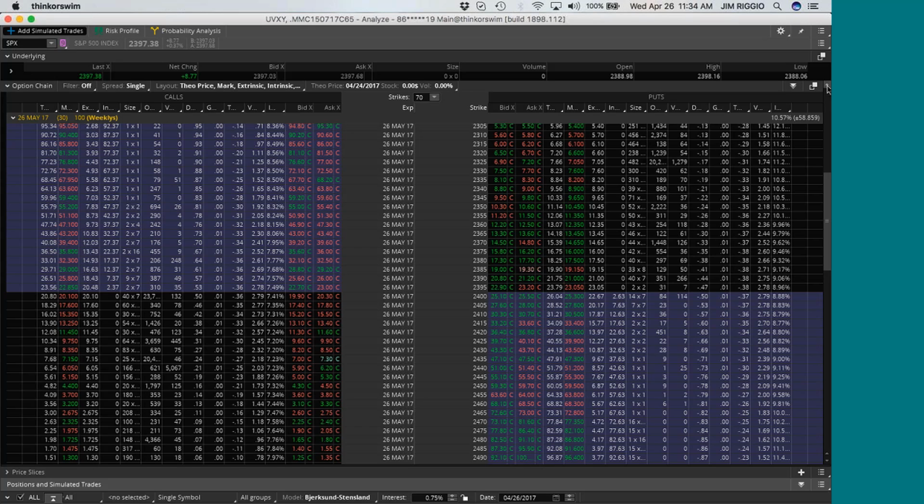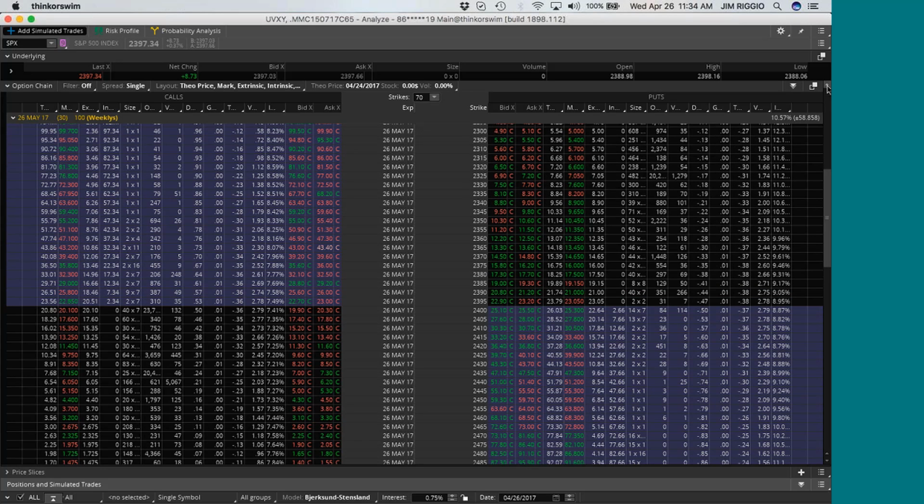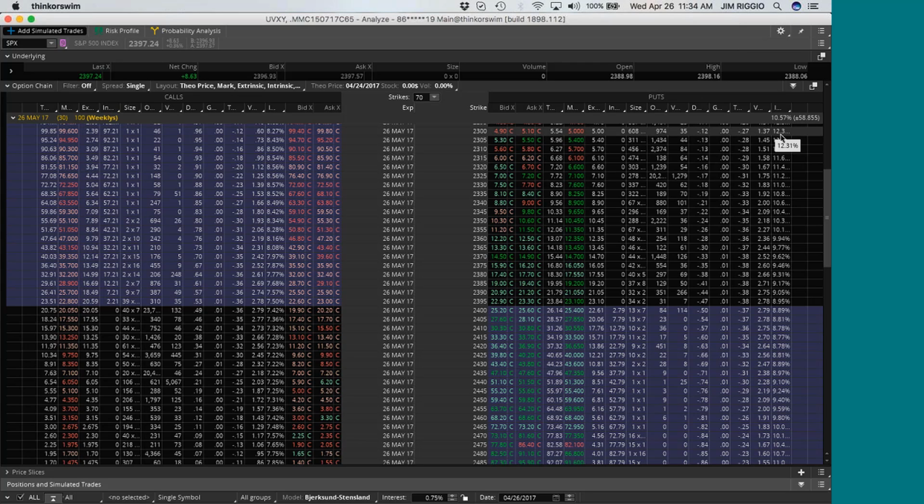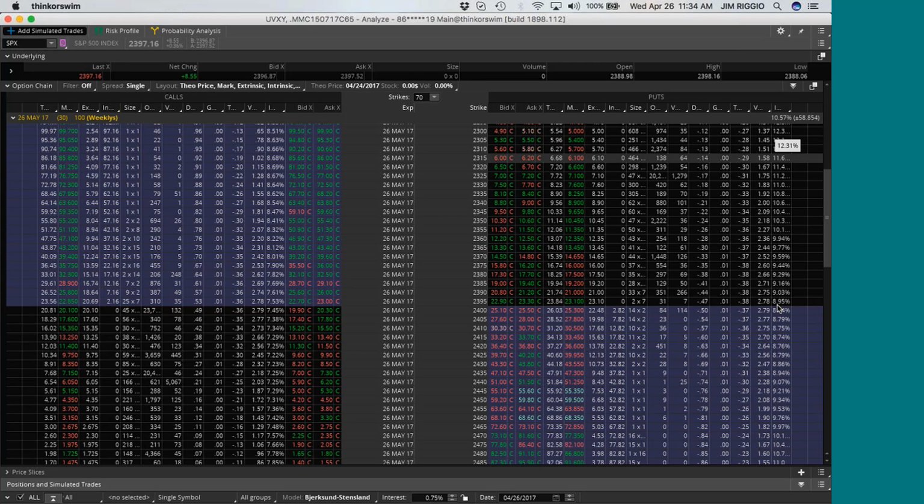I'm only going to look at the out of the money options. We can look at both of them, but you'll see. If I take a look at the implied volatility of the 2,300, I'm at 12.31. If I take a look at the implied volatility at the money, I'm only at 9%, 8.97%.